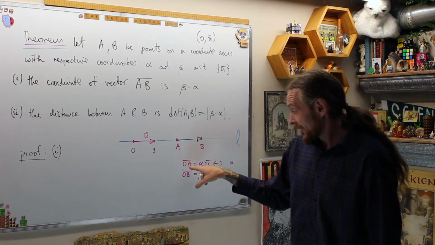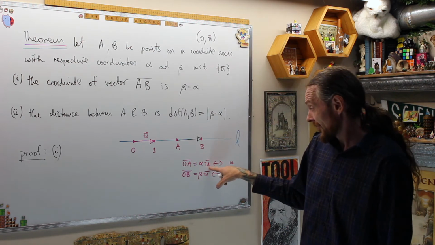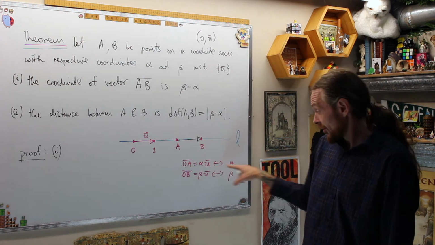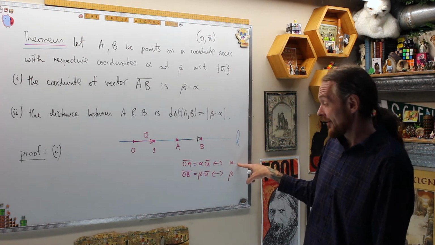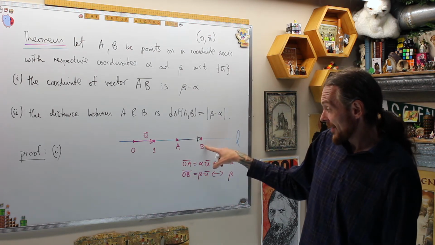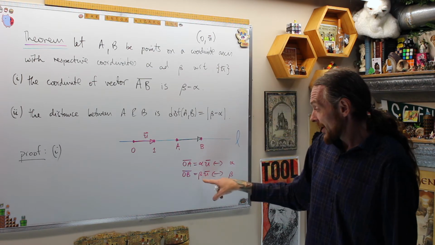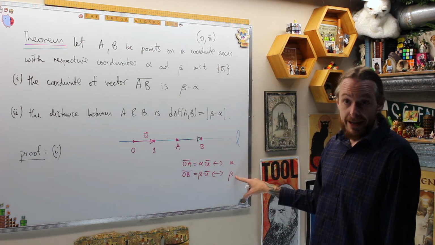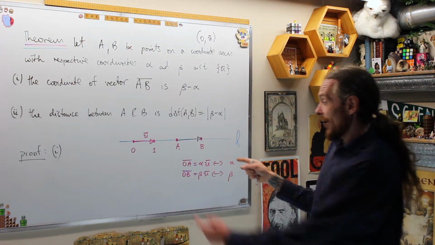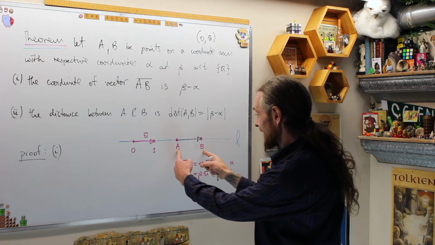So what we have is a position vector OA, which is going to be some multiple of U, which says it has coordinate alpha. I remind you every time, that's how we get the coordinate alpha. And then we have some point B, and that position vector OB is some other multiple of U, and it gets a coordinate beta. Then I want to now know what this guy is.